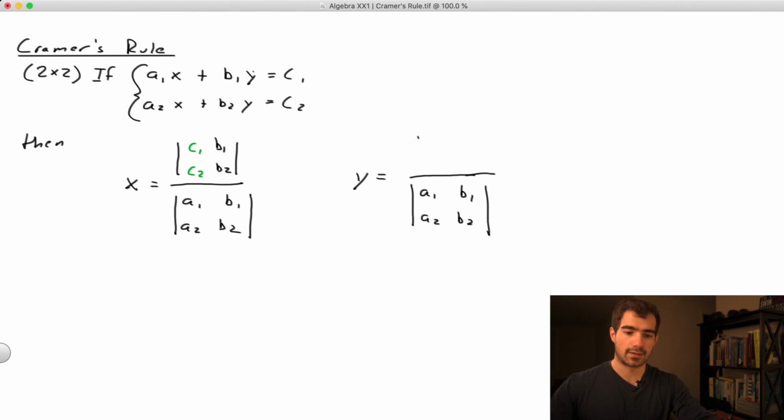Likewise with Y, instead of the coefficients of Y, so instead of B1 and B2, we'll use C1 and C2 there as well. And if we compute all of that, those will give us the numeric values that we can plug in for X and Y that make both of these equations true at the same time.